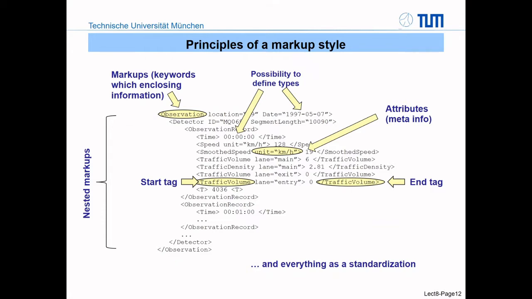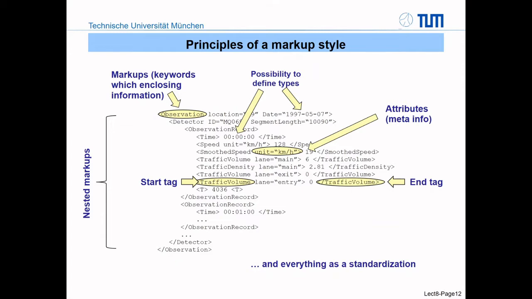You can add additional meta information, not only meta information about the format, also meta information about the real data, for example, the unit or the date and things like that. And you can interact between the markups. So for example, you can set links, or you can also have nested sets, like you can compare it to an if-else construction, where you can have an if and then another nested if and a nested if and so on.